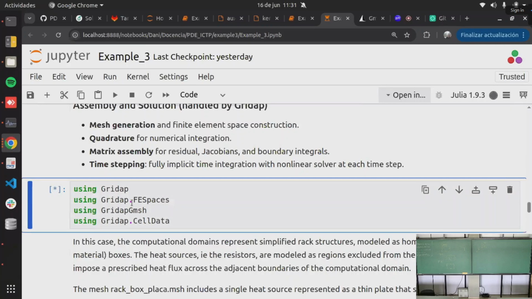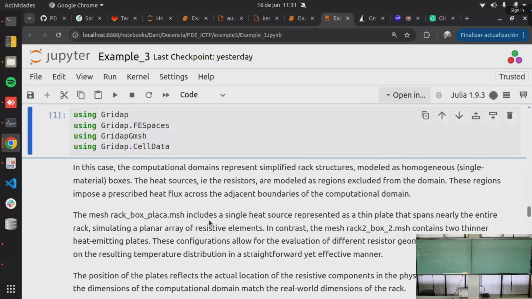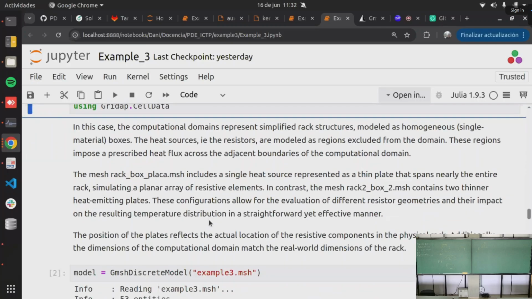So we import all the libraries. In this case, well, maybe I will show you the domain after that, but it's a box that includes a box inside.